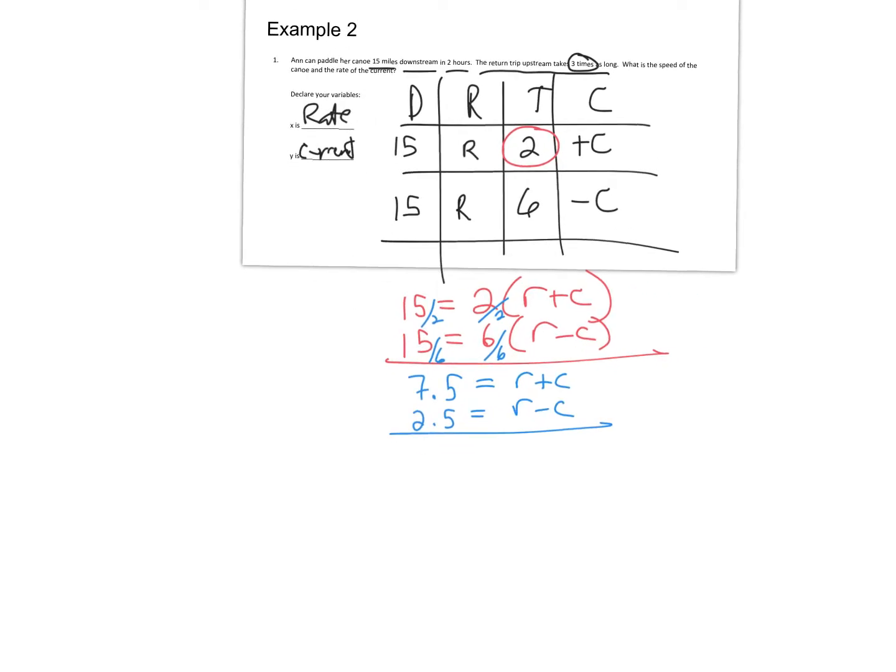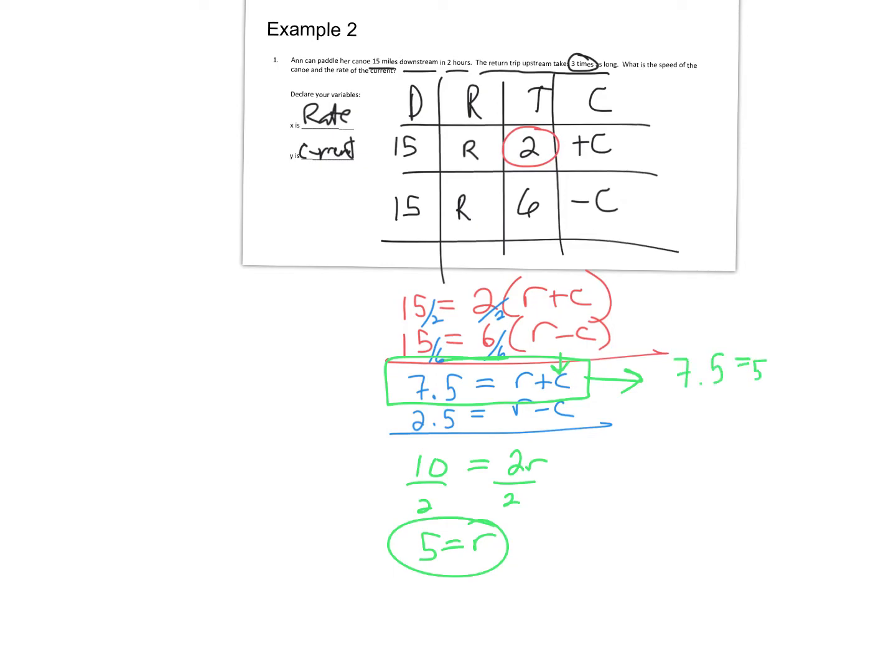Okay. So now at this point, we're going to add down. The c's cancel. So we're going to have 2r is equal to 10. Divide by 2's. So 5 is equal to r. Now, like I said, I always go back to this equation right here. So 7.5 equals 5 plus c, minus the 5's.